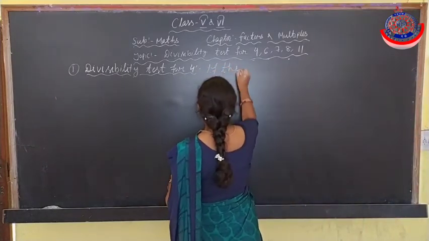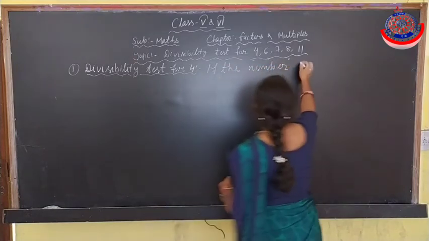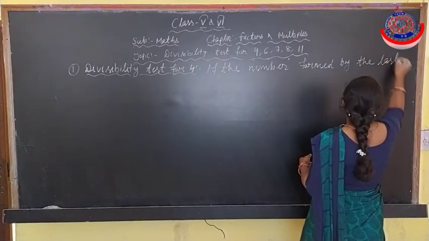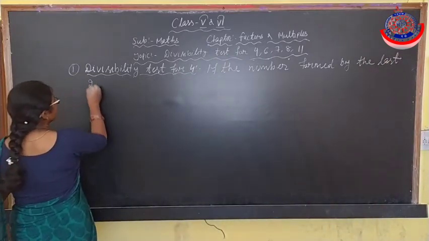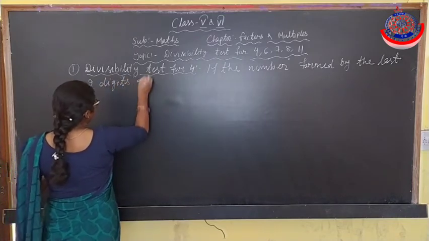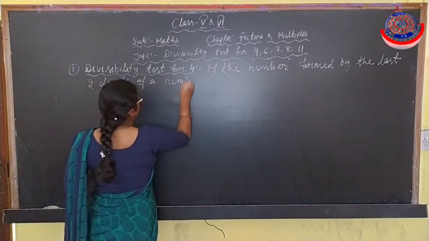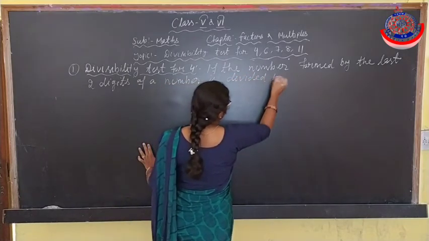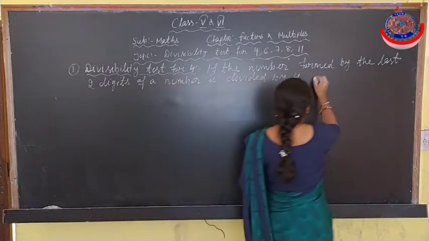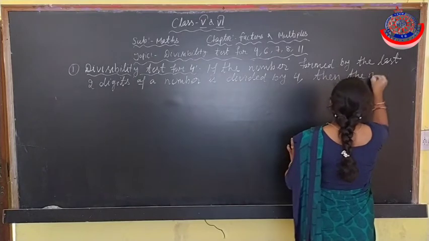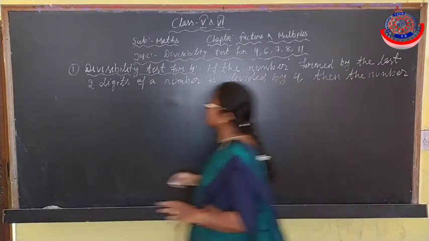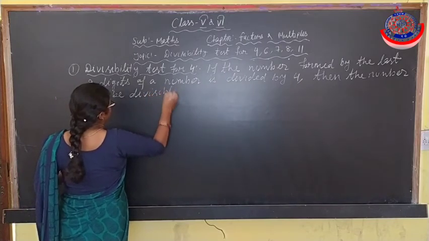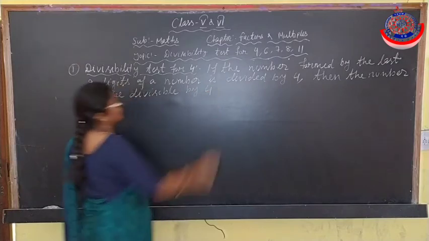If the number formed by the last 2 digits of a number is divided by 4, then the number will be divisible by 4.